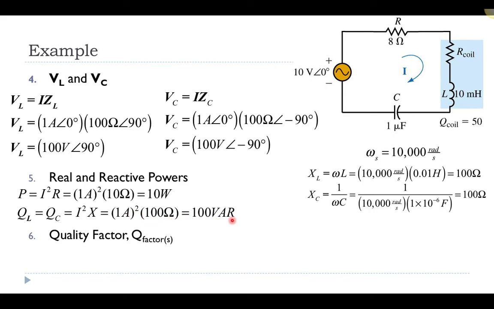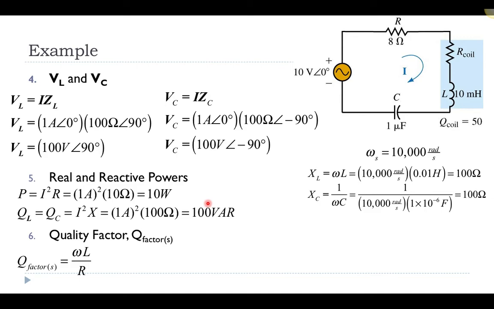I want to point out here, and I wasn't real careful with this, that these are the magnitudes only. So the reactive power for the inductor would be a positive 100 VAR, and the reactive power for the capacitor would be a negative 100 VAR. And so when you add those two together, the total reactive power in the circuit is just 0.